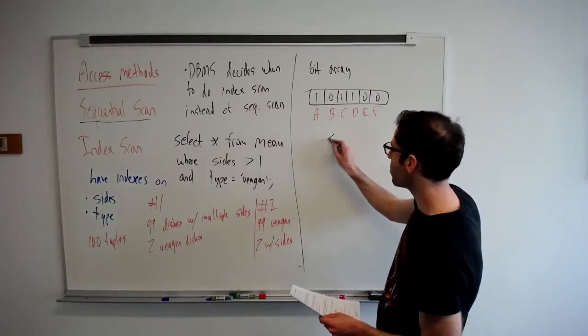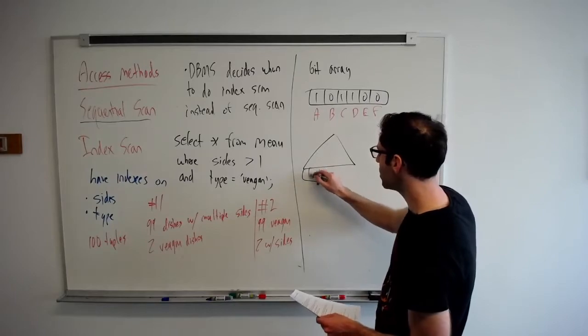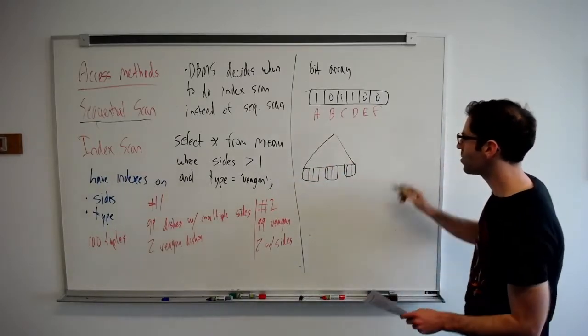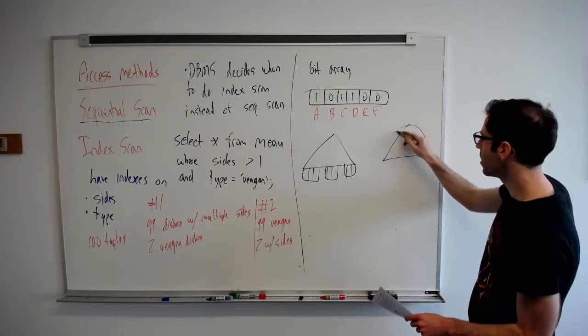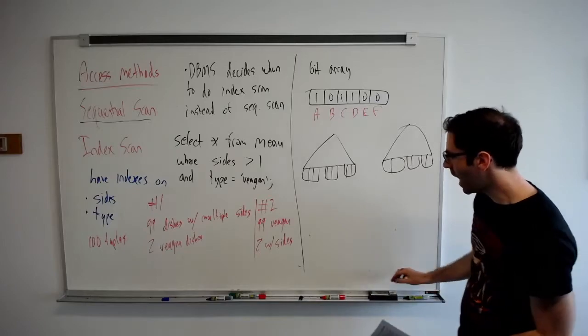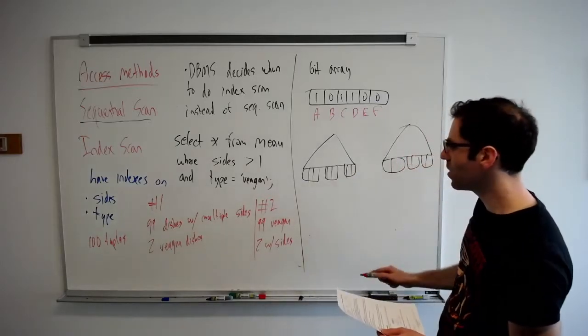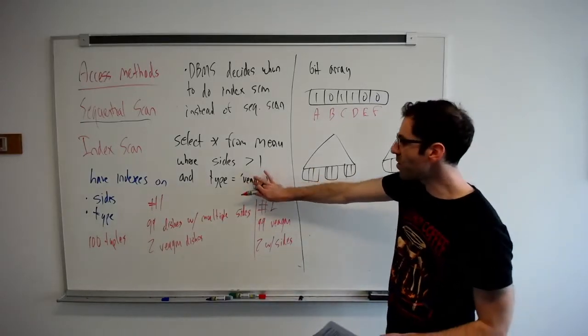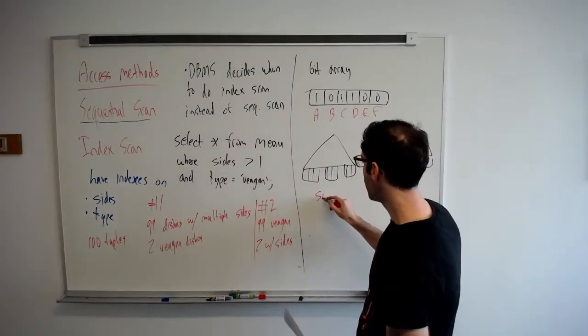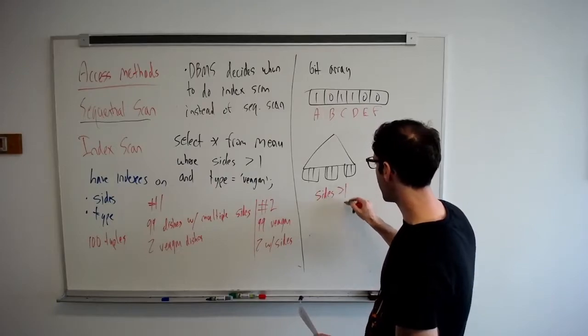But the reason this is relevant to a multi-index scan is the following. Let's say we have our two indexes, B plus trees with some record IDs at the root. And we have another one over here. And let's say that we have our two criteria that we're applying to our sides and type index. So we want sides greater than 1.